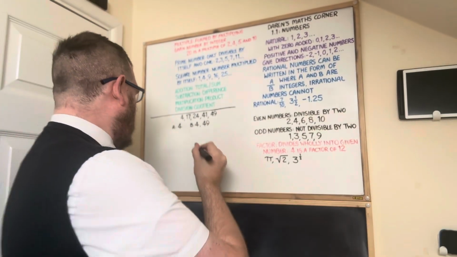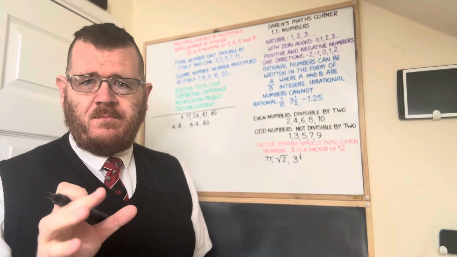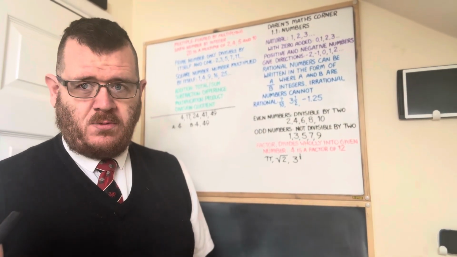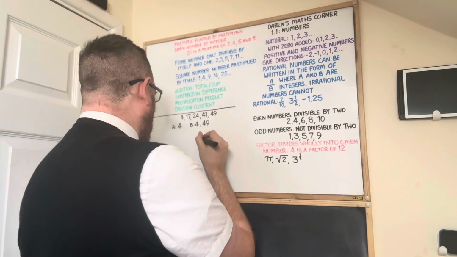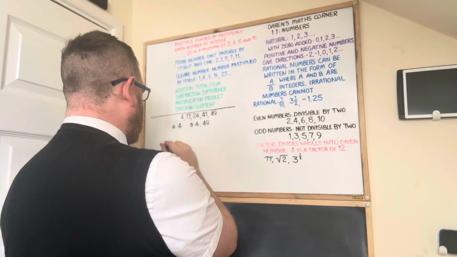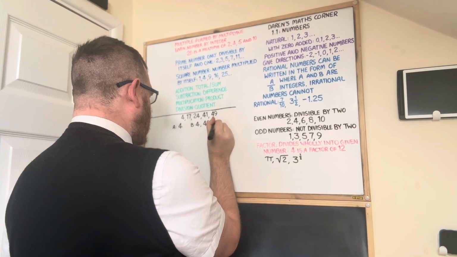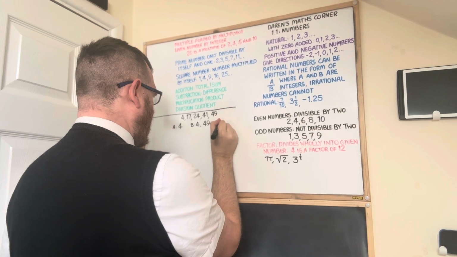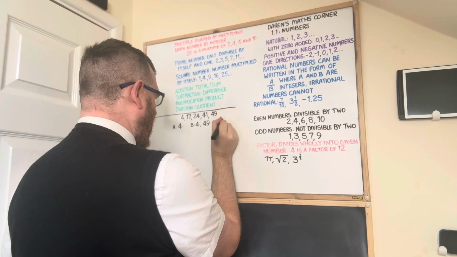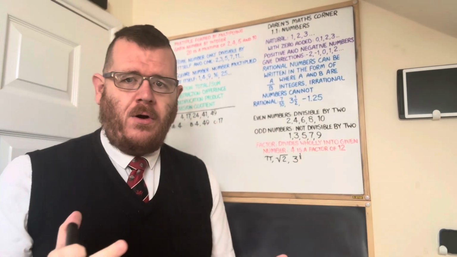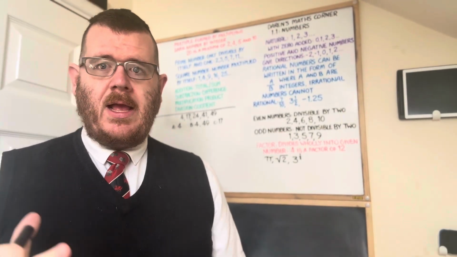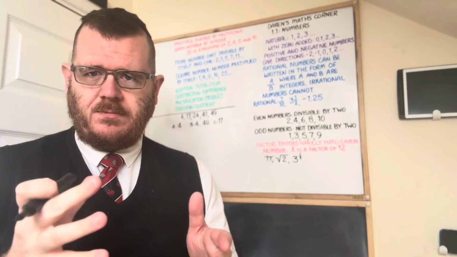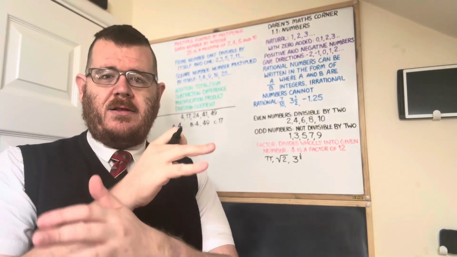Remember, a prime number can only be divisible by itself and 1. 4 is divisible by 2. 17 is a prime number. Just remembering what I said about 4 and 49 being square numbers, they can't be prime.